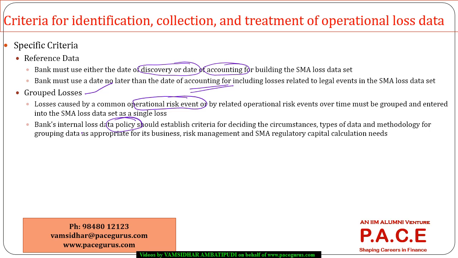What kind of methodology, what kind of data is required for the grouping, based on the risk, for risk management purposes, or even regulatory capital calculation purposes, what kind of data needs to be grouped and entered into the database. There should be clear-cut policies in place.